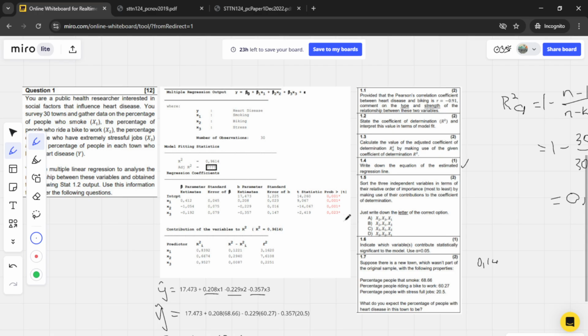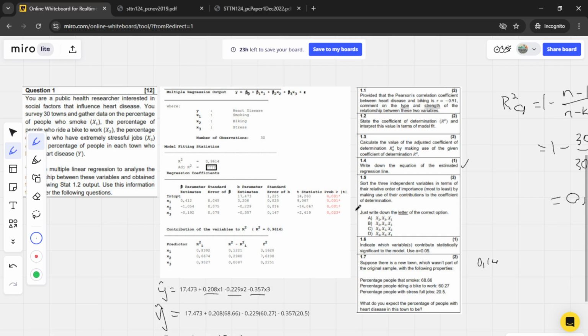But in the case that we have here, all of them are less than 0.05, so they all contribute statistically significantly to the model. So all the 3 variables contribute statistically significantly to the model. That's how you answer that question.